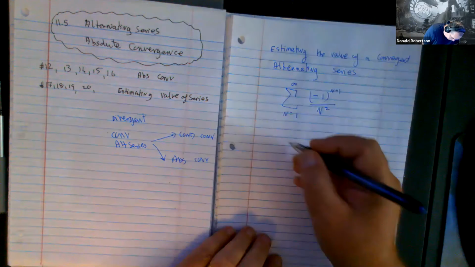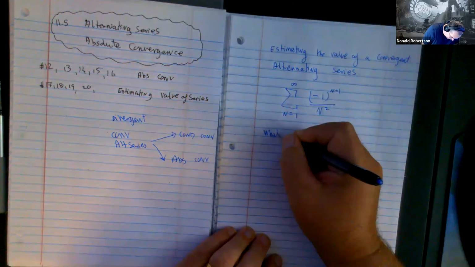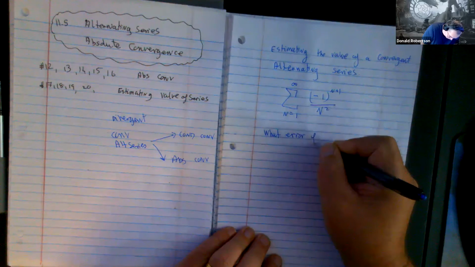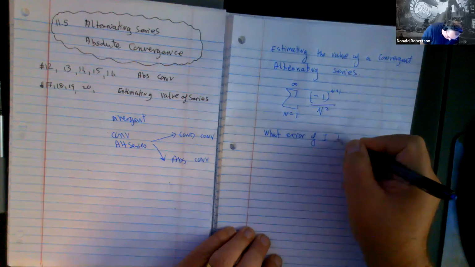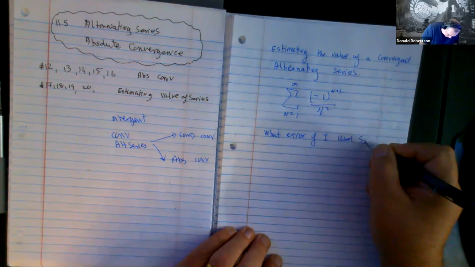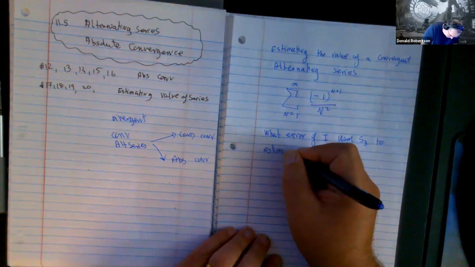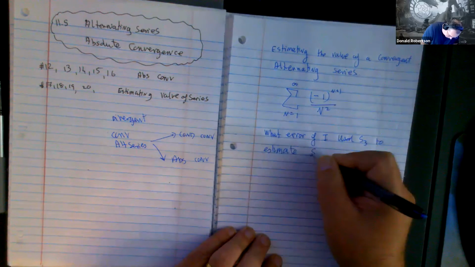Can we imagine that it's already been checked that it converges and that's done? And what we're interested in now is two types of questions. The first one is, what would be the error if I used S3 to estimate this fella, the sum of the series?